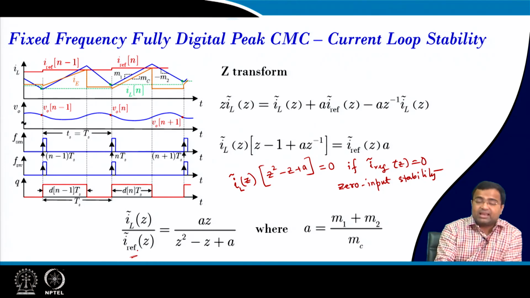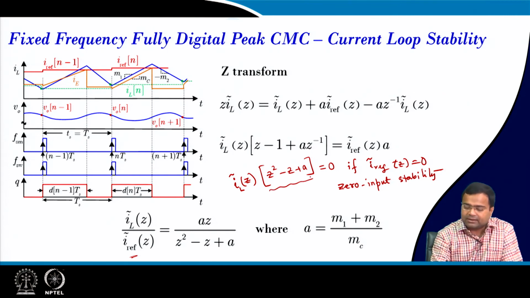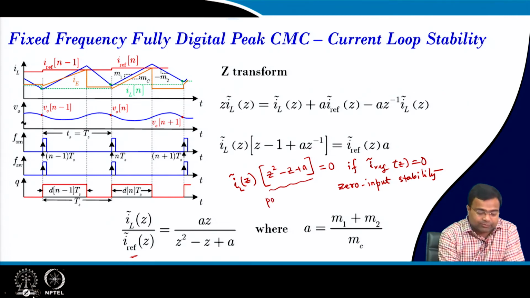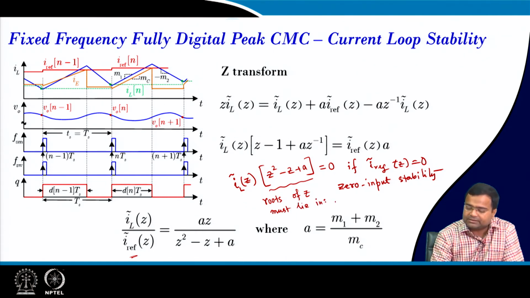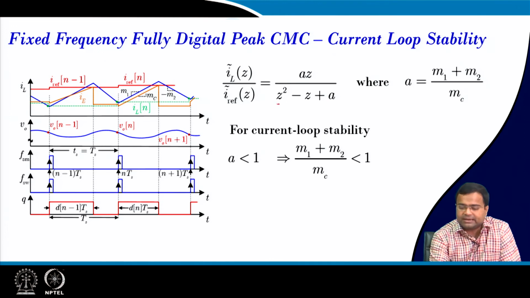If we perturb I ref, then IL Z is also affected. For zero input stability, we have to ensure that the poles of this equation, that means the roots, or eigenvalues, whatever you call them, root of Z, must lie inside the unit circle. That can be proved if you write this equation, and it will be true if we take A less than 1.